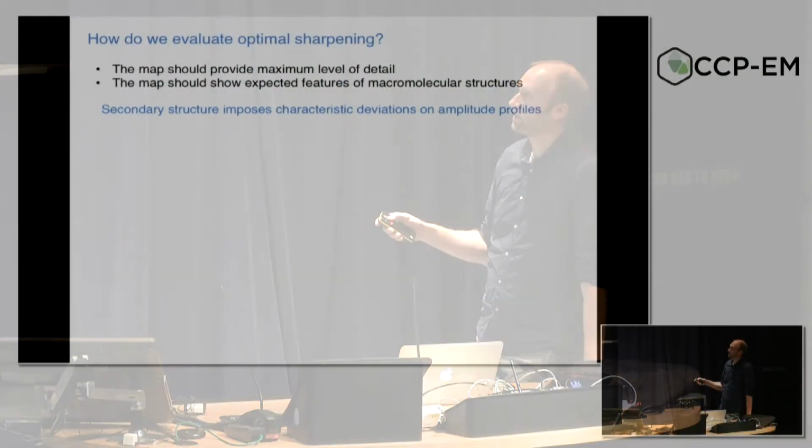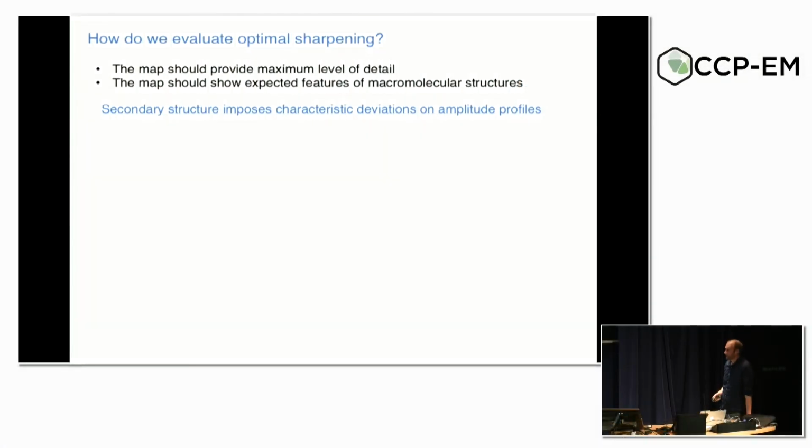What you know is that the map should provide a maximum level of detail, that's what we want to achieve, but we also know that the map should actually show expected features of macromolecular structures. And you can use the fact that it's well known from protein crystallography that secondary structure imposes characteristic deviations on amplitude profiles.